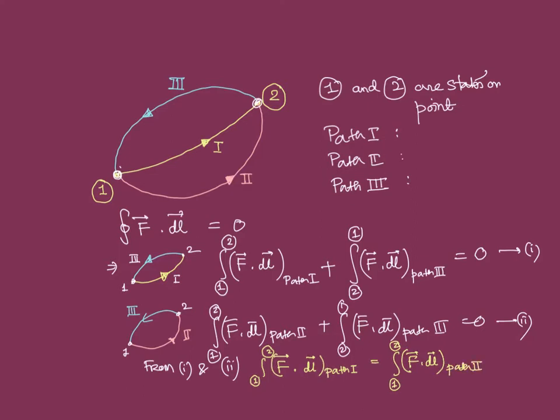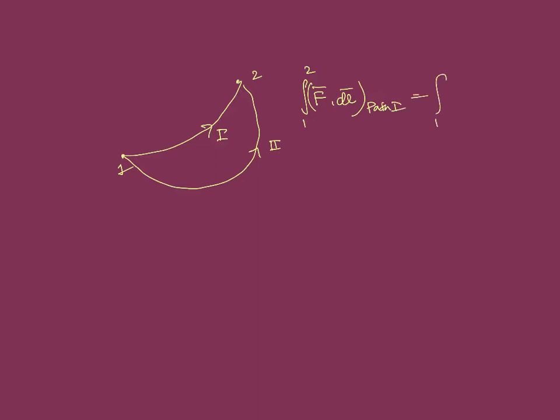So this proves that for points 1 to 2, now you can forget about path 3. The integral of F dot dl from 1 to 2 via path 1 is equal to the integral from 1 to 2 of F dot dl via path 2.